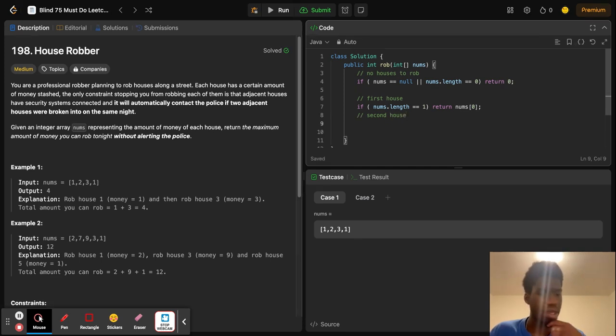The second house has more code to it. You get the max between the first house and the second house.